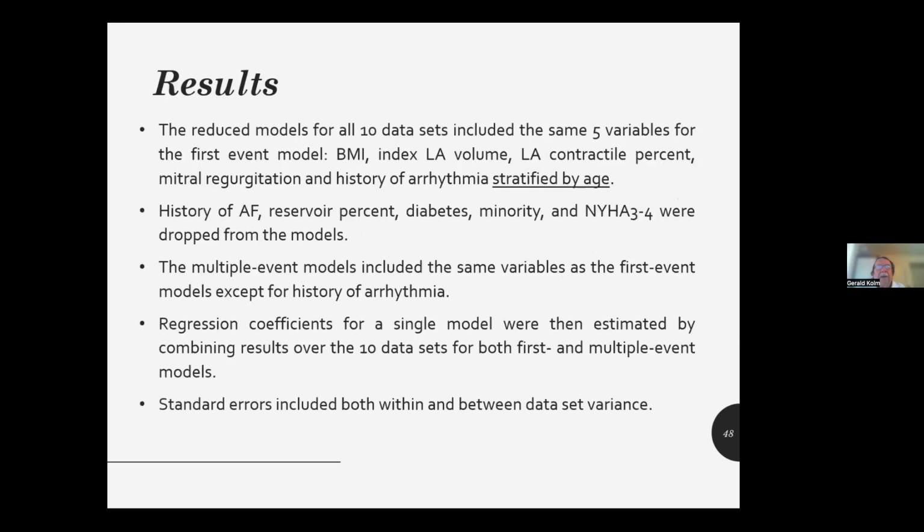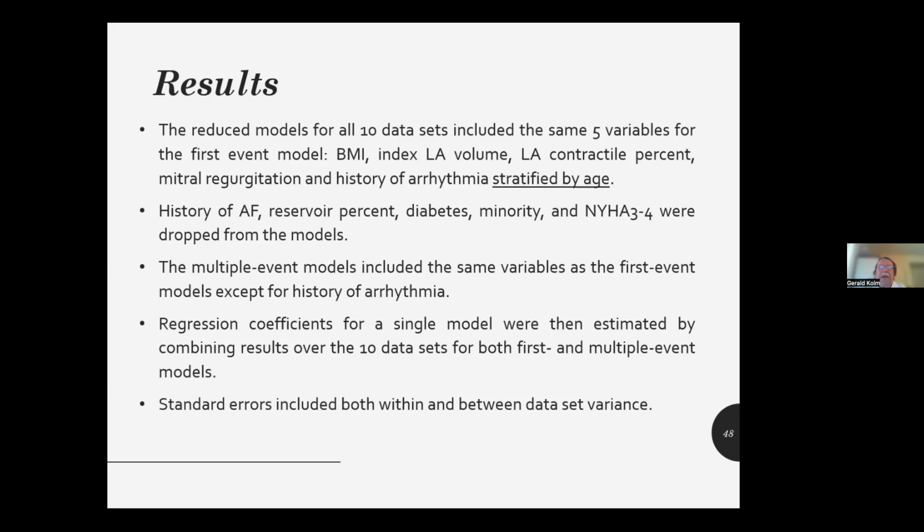So it turns out that for all 10 data sets, if we look at just the time to the first event, then we have 5 variables in our model: BMI, index, LA volume, contractile percent, mitral regurgitation, and history of arrhythmia.